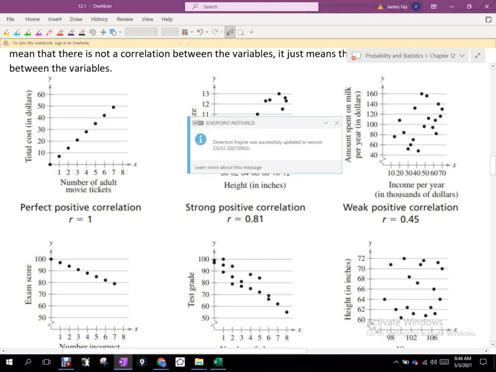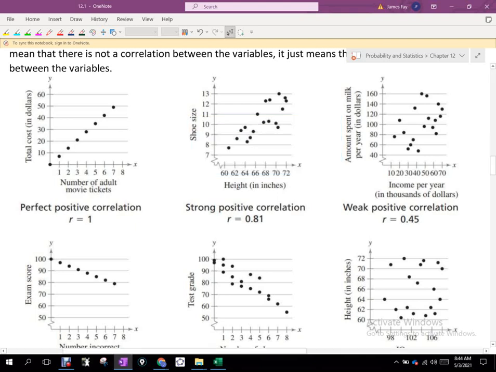If you remember talking in Algebra 1, that is a direct variation equation. So that's perfect linear correlation. Here, you can see that as x is going to the right, y is steadily increasing, consistently increasing. So you've got correlation here. You can put a line of best fit through here.